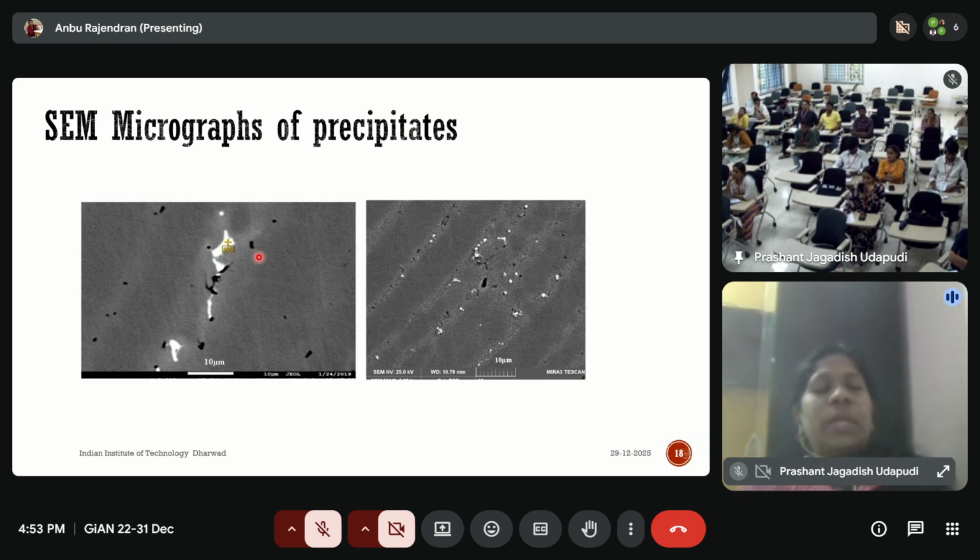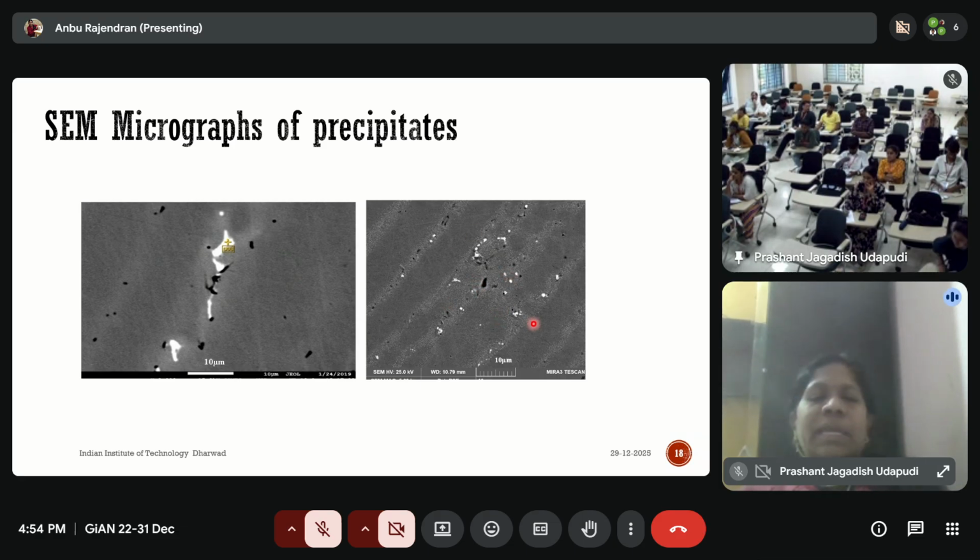Without etching, we could see the precipitates present in the weld zone. Based on the precipitate density, you can see either bright, dark, or some gray appearance. This will give another piece of information, so I am not getting into all of it.